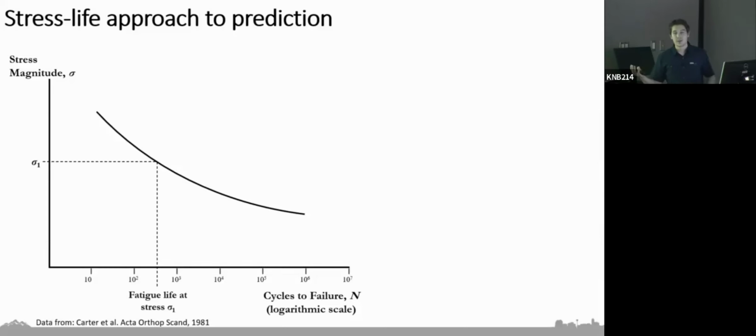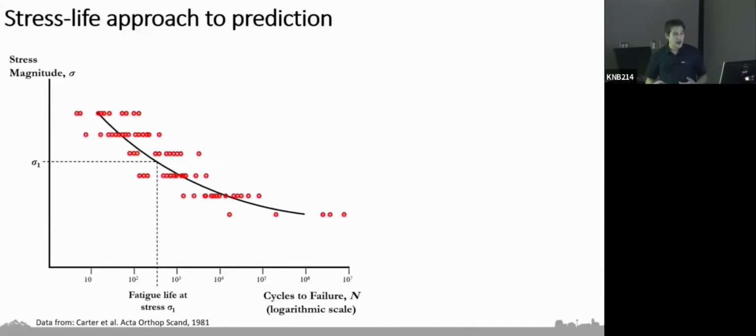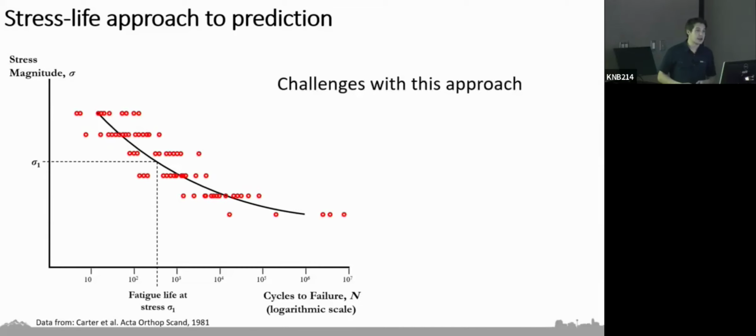But when we're looking at something like bone, and even in the most idealized case where we have these small machine samples of bone, we see a ton of scatter in this data. And so the scatter can even span orders of magnitude. And so of course, there are some challenges with this SN approach, particularly when we're working with bone at the whole bone level, and we're no longer at that little small machine sample level.